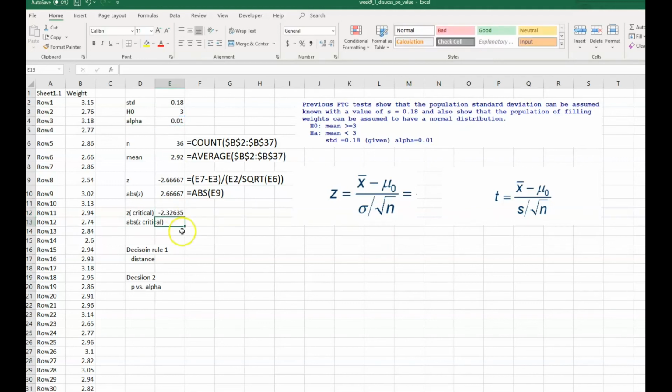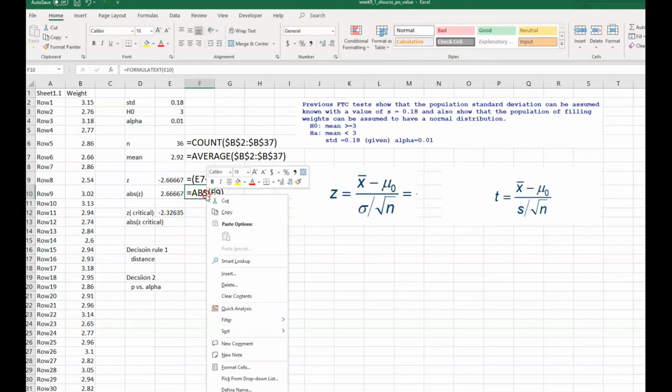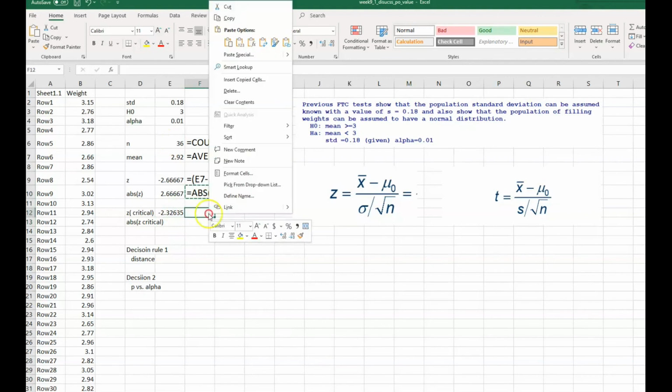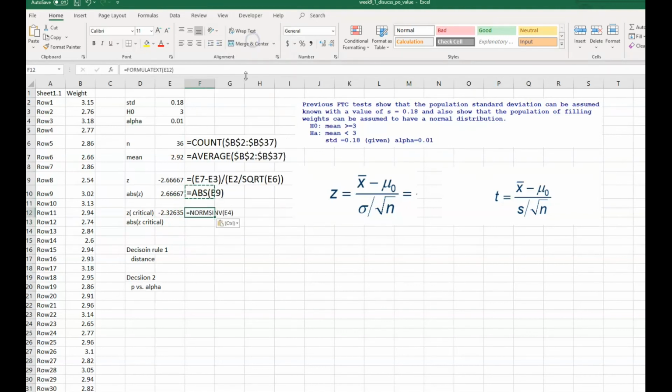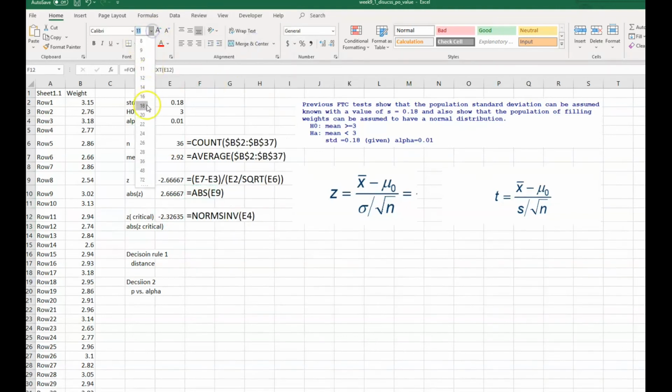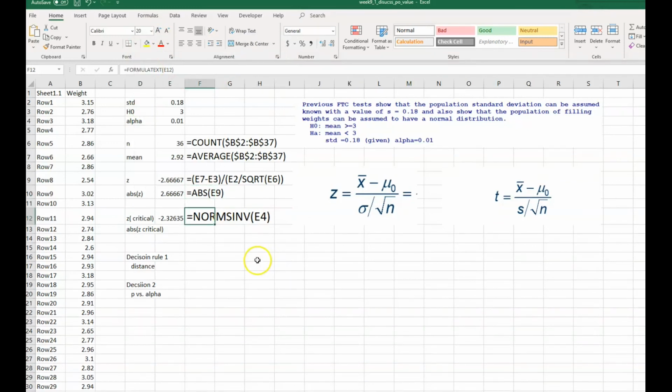So this is 2.33. And so according to the textbook, it's negative, because it is smaller than this. And I use absolute value because it's much easier to understand. The distance is always positive.